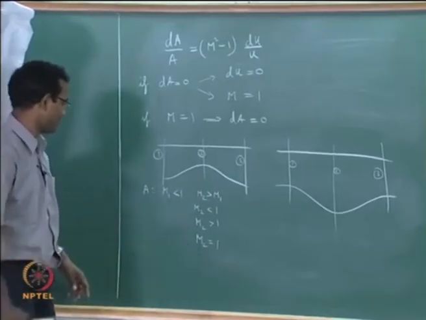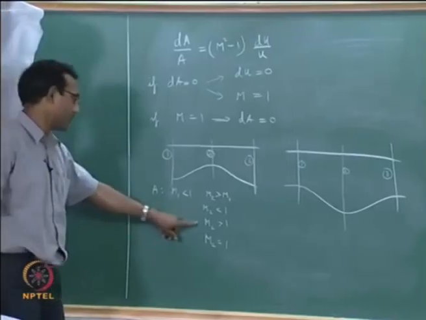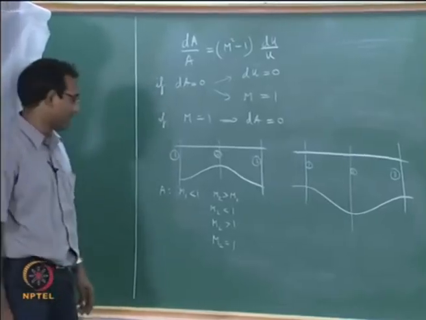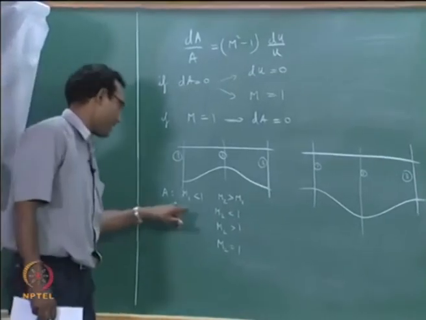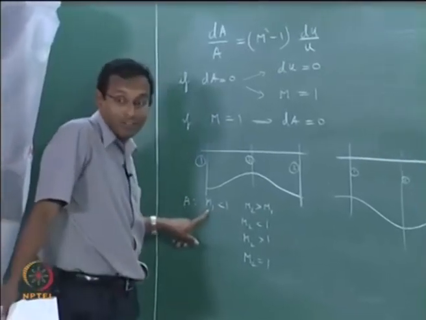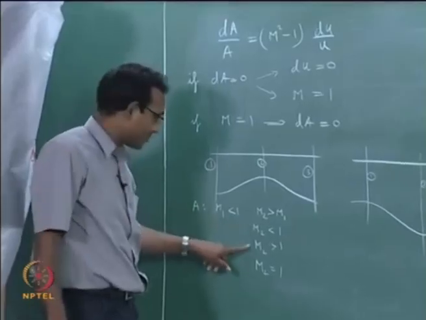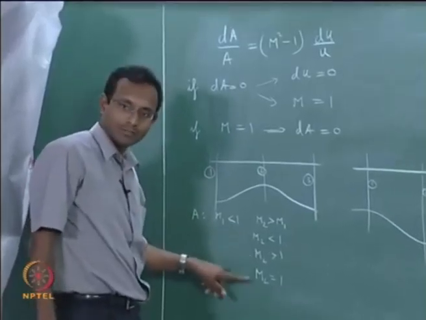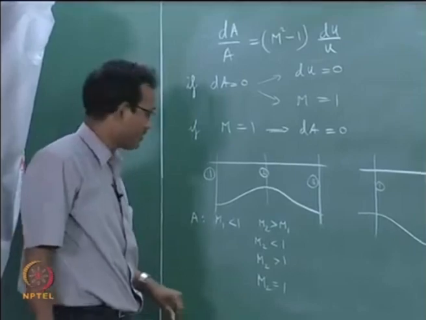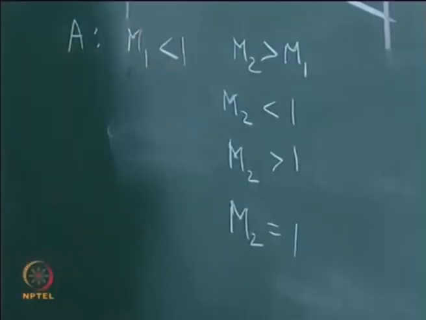What will happen here? One of them should not happen. These are three possibilities. I can say that M1 is say 0.5, you can go to 0.8, that will be this case. Here I am saying it is going to 1.2, here I am saying it is 1. Okay. One of them should not happen. Which one? The second one cannot happen.